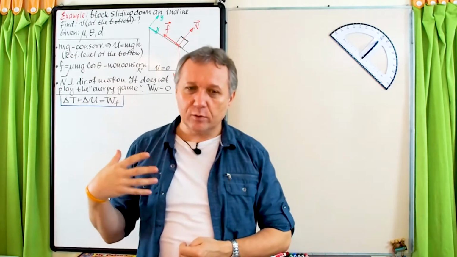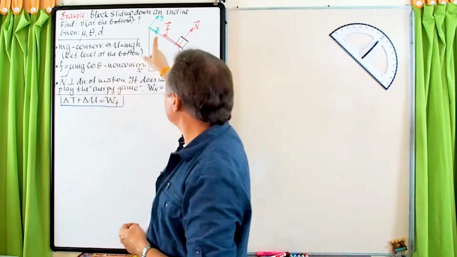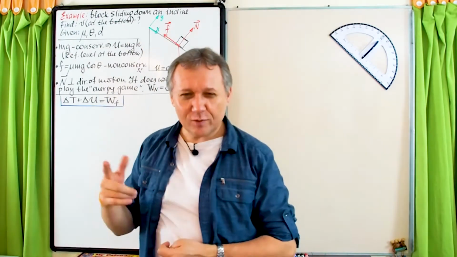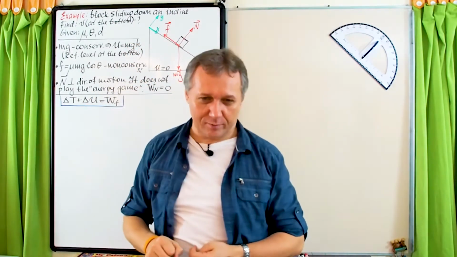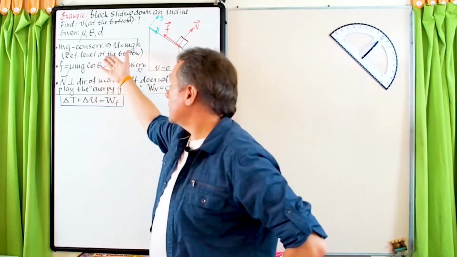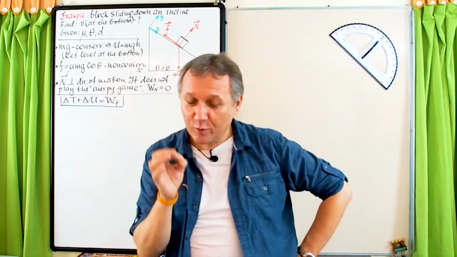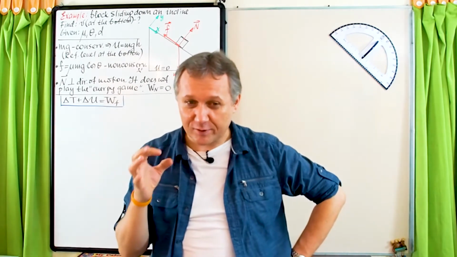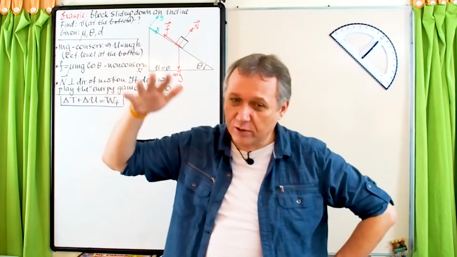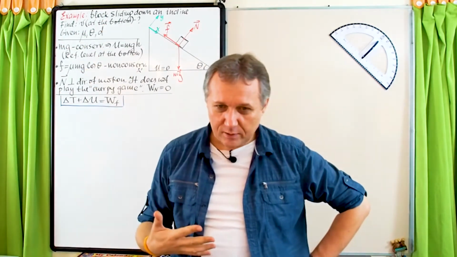I don't usually like using h, but in this case, since the y direction is perpendicular to the incline, using y over here wouldn't be correct. So that's why I switched to h. Since we introduced the potential energy, you have to show where your reference level is. You can position it anywhere you want.